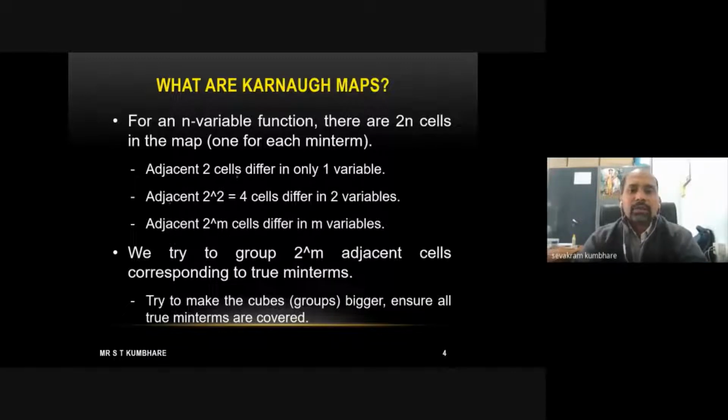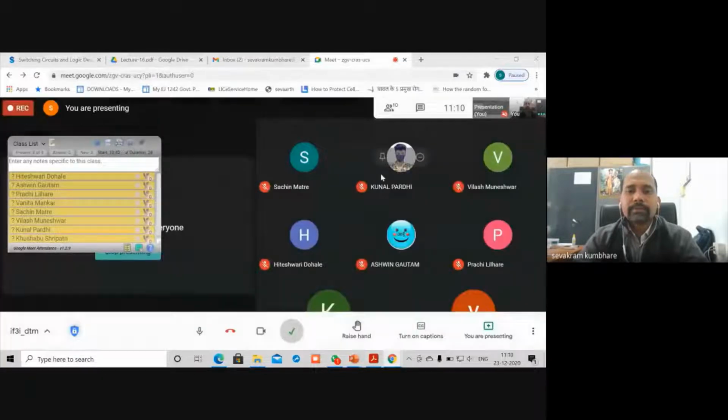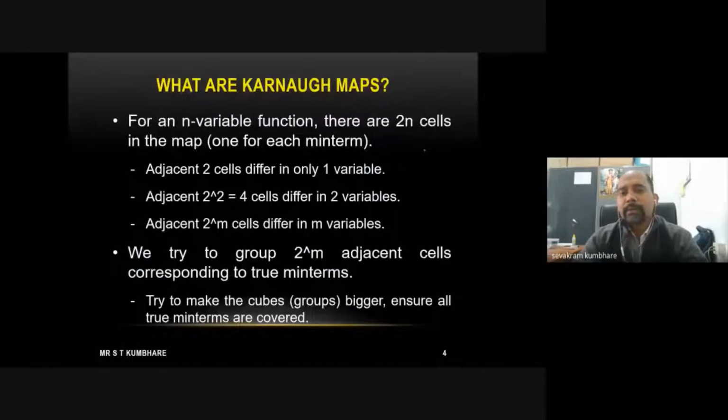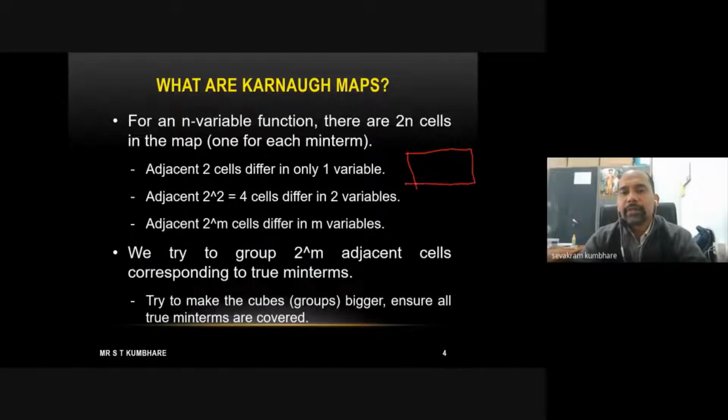Next, adjacent 2 cells differ in only one variable. What does it mean? Suppose I draw this 3 variable K map like this. Let us say this is A, this is B and C, with values 00, 01, 11, 10.